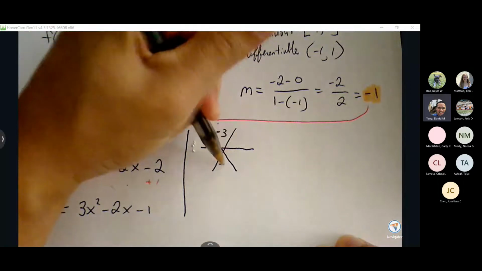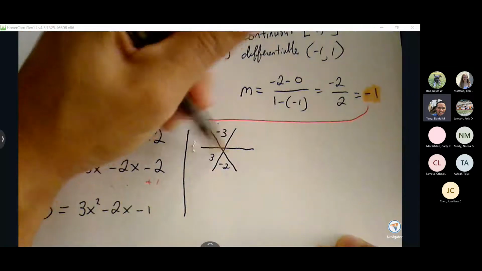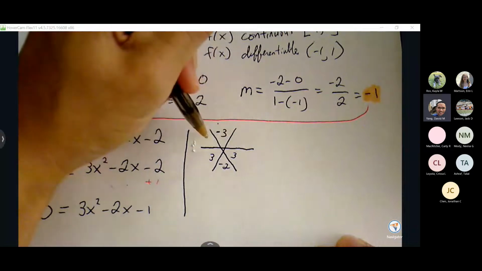Times c is -1, b is -2, multiplies to be -3, adds to be -2.